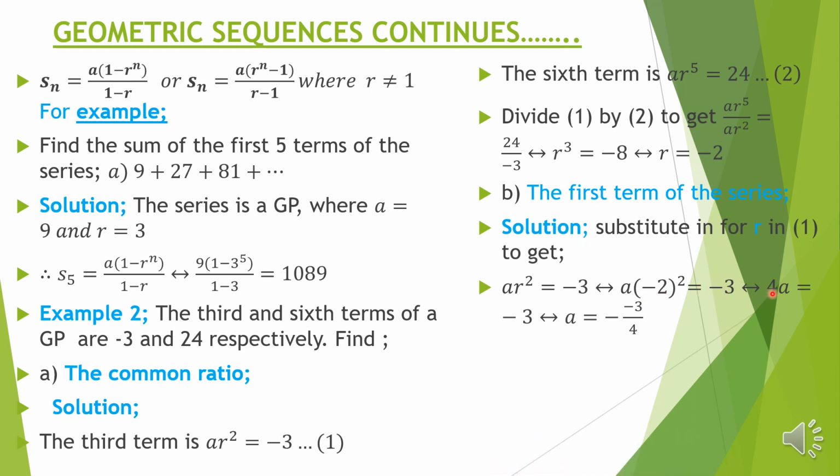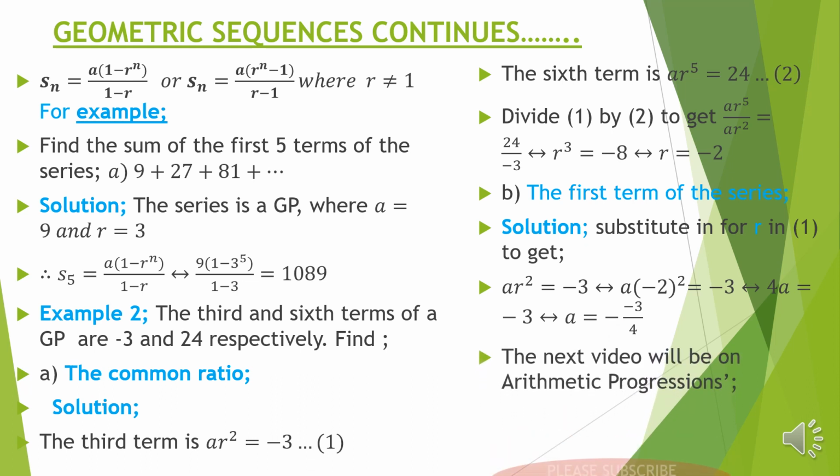Simplifying this, you get that 4A equals -3, implying that A equals -3 over 4. Once we have that, then we can proceed with other questions related to this problem.